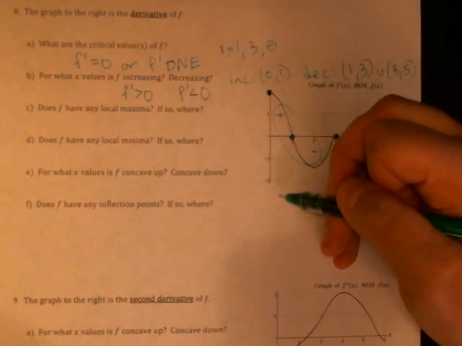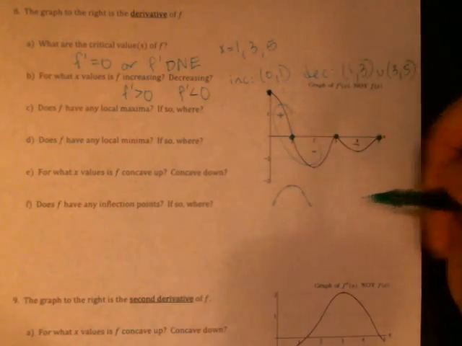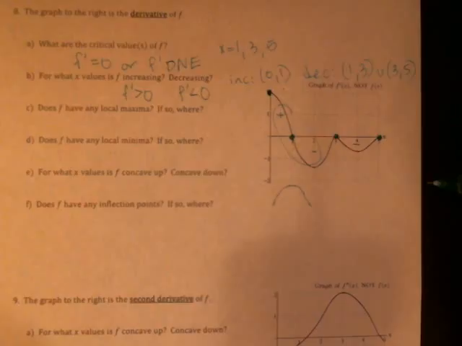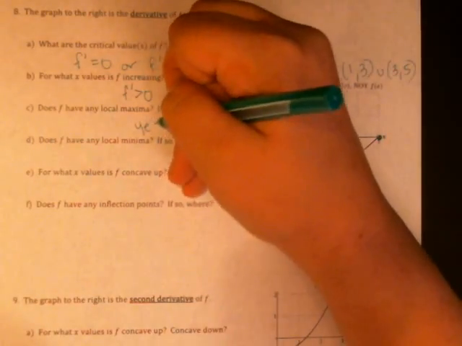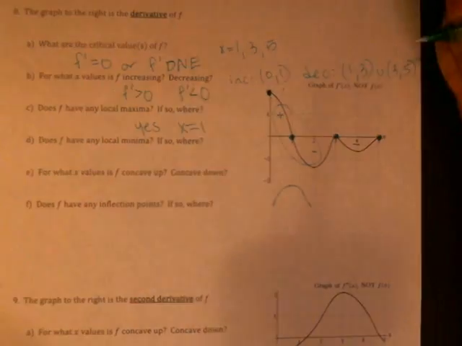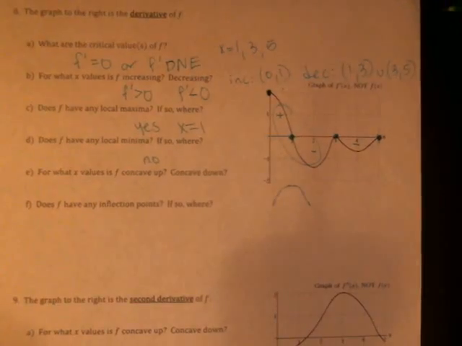So I'm picturing right now a function that increases, has a flat spot, decreases. That's a local maximum. I keep saying it backwards. So it does have a local maximum when x equals 1. To get a minimum, I'd have to see decreasing to increasing, and I don't get that here, so I'm going to say no minimum.